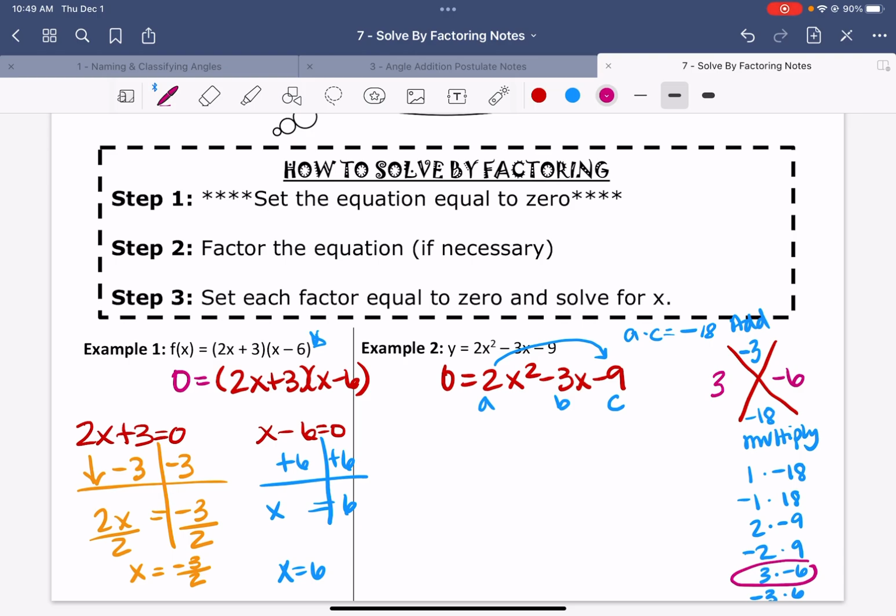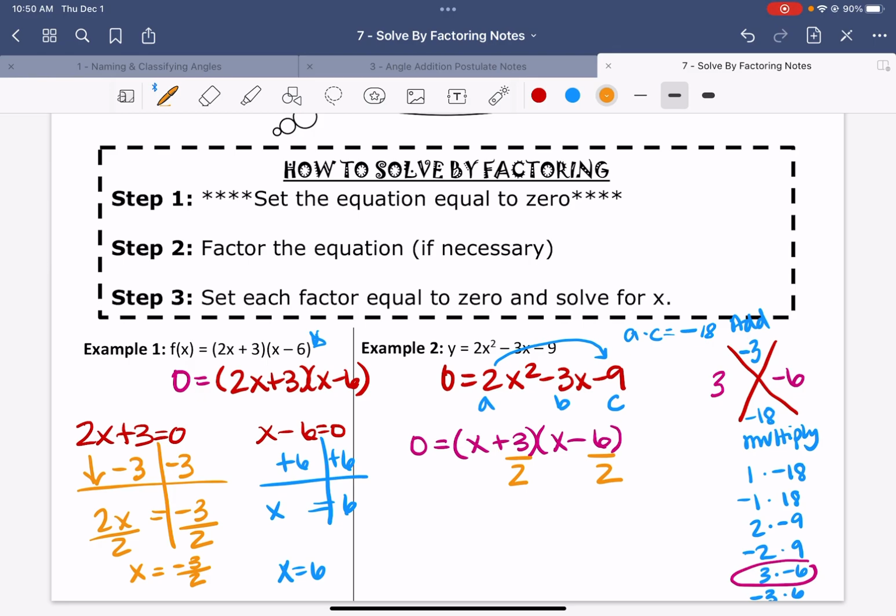So we're going to write 0 equals parentheses x plus 3 times x minus 6, and then we have to divide. We have to divide by our a value. Our a value is 2 here, so we're going to divide this one by 2 and this one by 2.